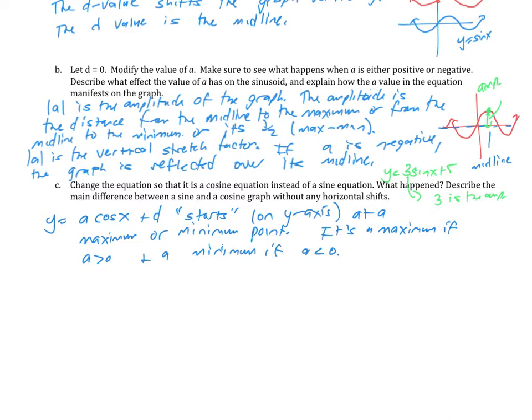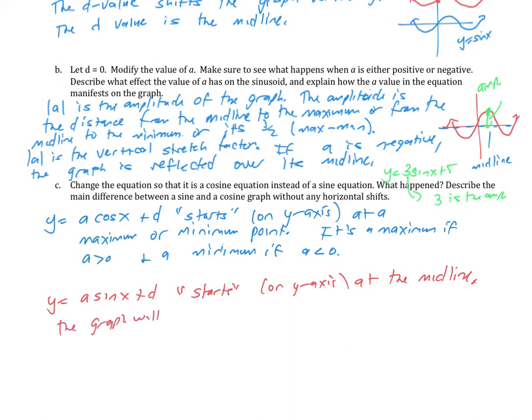Then in terms of sine, y equals a sine x plus d. That graph starts, so that means on the y-axis, at the midline. And then we want to say the graph will go up as we go to the right when a is greater than 0, and down if a is less than 0.